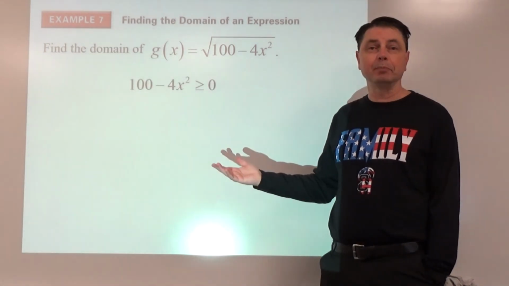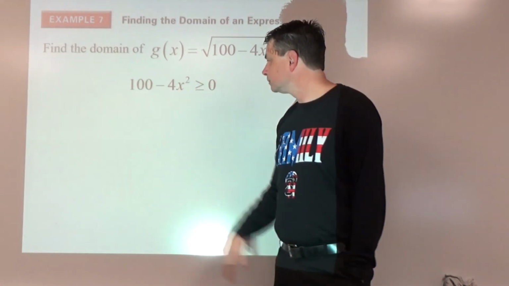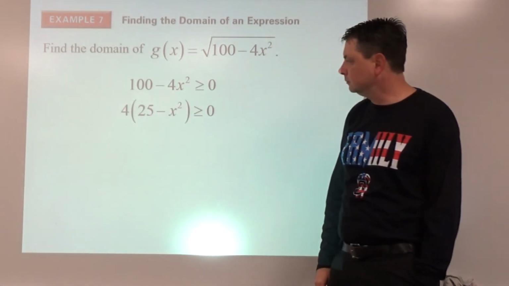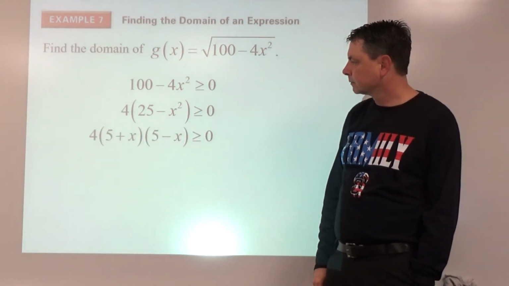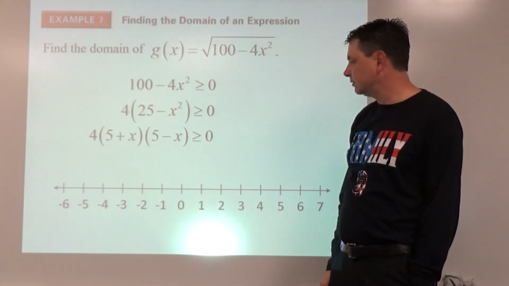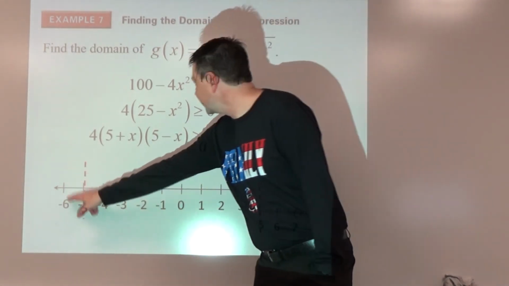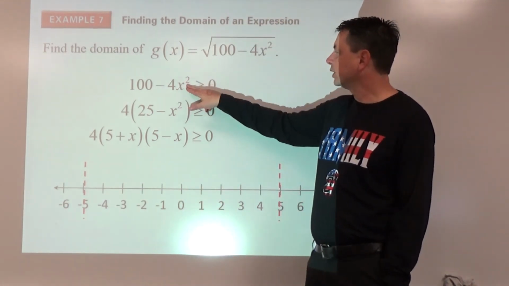And now we're looking at a polynomial inequality. So we could factor that out. We get the critical numbers at negative 5 and positive 5. We can test the intervals. So like negative 6, we do it here.